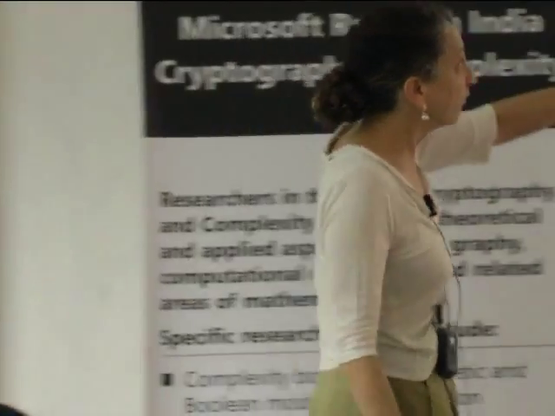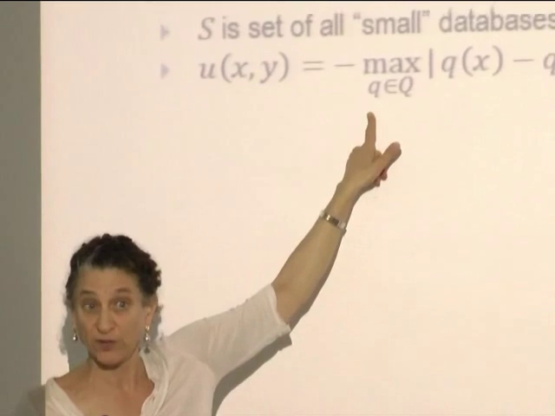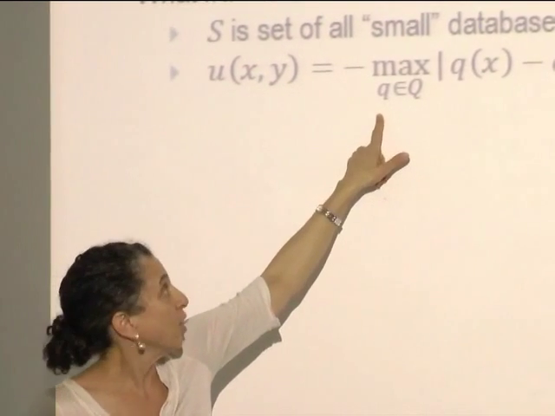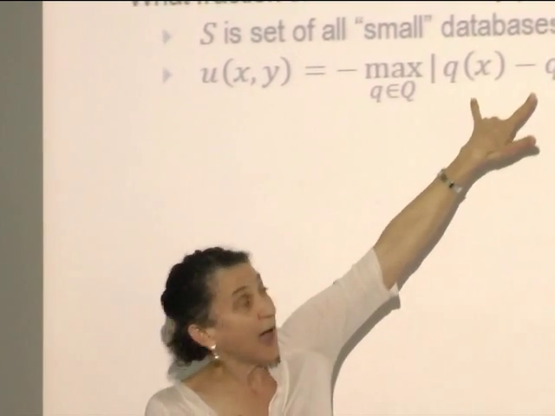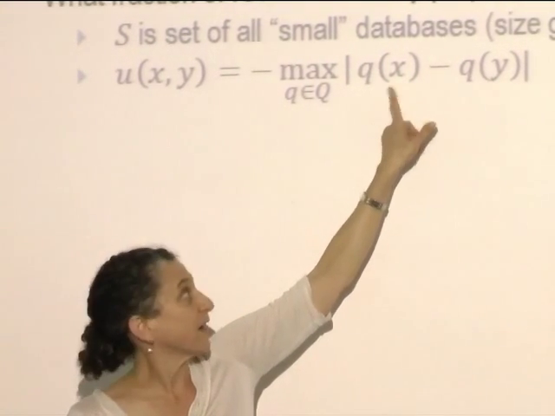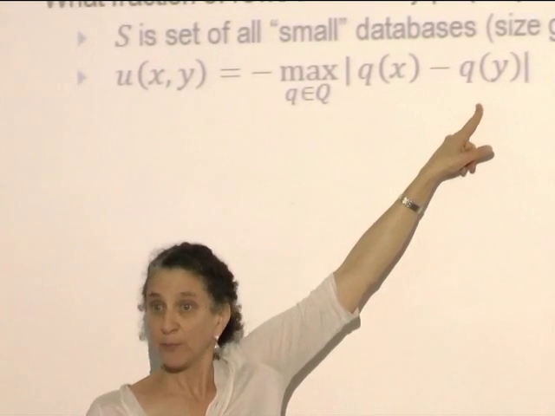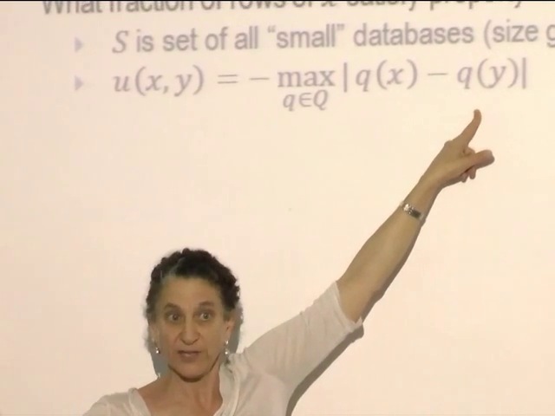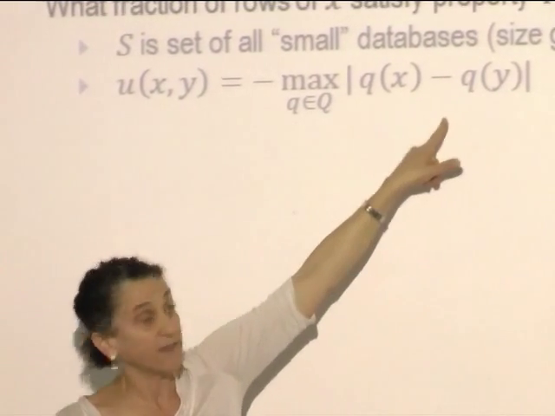So we look at all of the queries in the set Q. Remember that the mechanism has all of those queries in advance, so it knows what they are. For each one, it says, how big an error do I get for Q when the database is X, if I'm thinking about the possible small database to release Y? How bad can the error be?